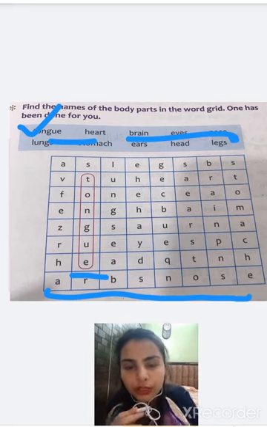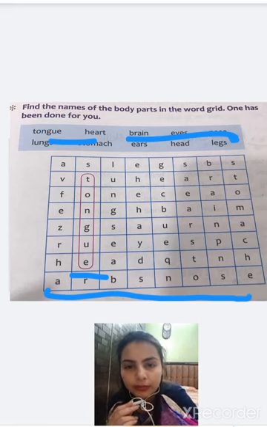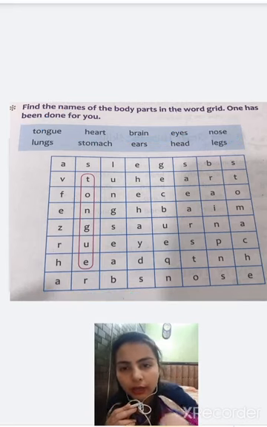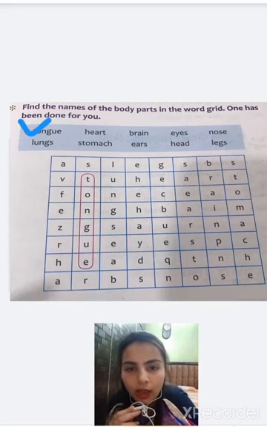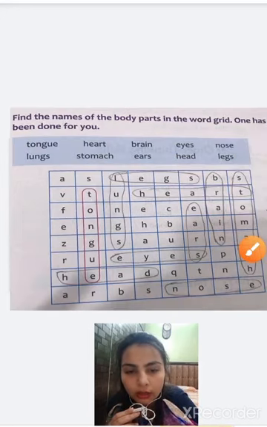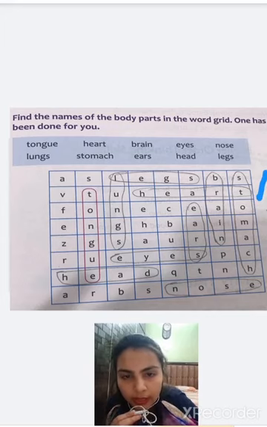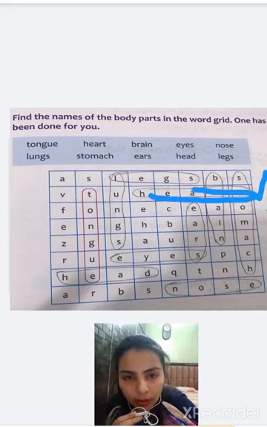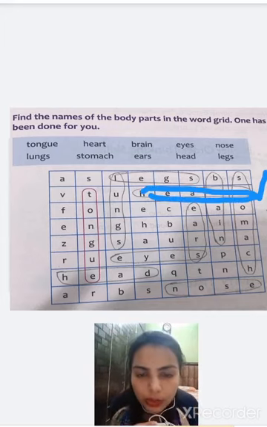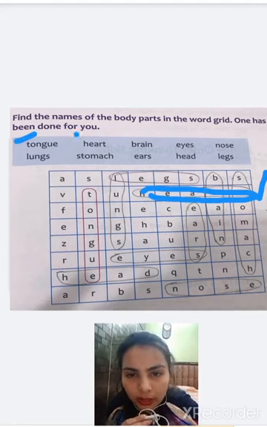Okay, so our tongue is done. Next is our heart. Where is our heart? Find it out. Yes, this one is our heart here. So tongue is done, heart is done.